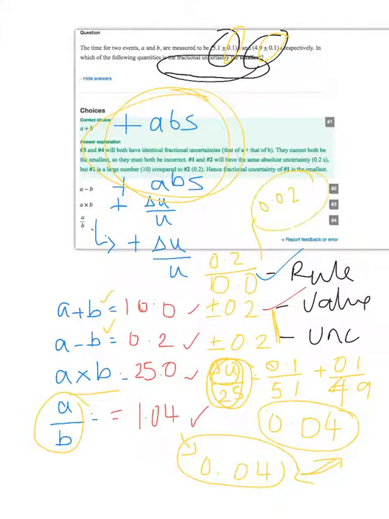And we could work out the fractional uncertainty here, but I think you'll find that it's way larger, 0.2 over 0.2, which gives you 1. Okay, so this is definitely the lowest fractional uncertainty, which is A plus B.